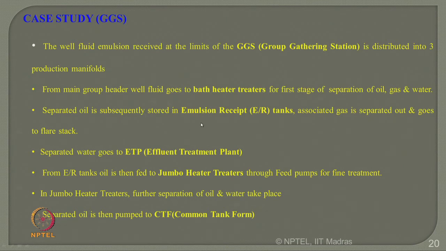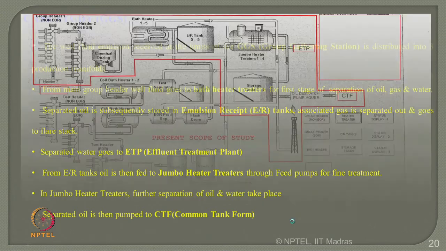Subsequently, oil from the emulsion recipient tank goes to the jumbo heater treater, where it is further treated and the water goes out as steam, whereas the oil is taken separately and stored in the CTF, which is called the common tank form. Now, let us see the process instrumentation diagram of this plant.